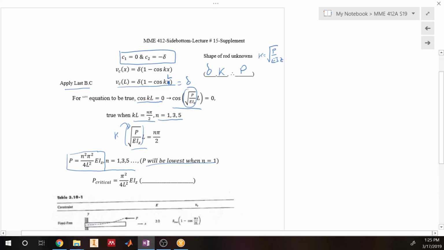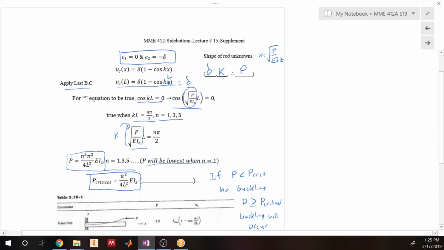So, all right. So the critical load, if P is less than P crit, no buckling will occur. If P is greater than or equal to P critical, buckling will occur. All right.